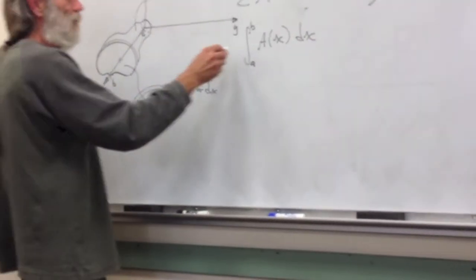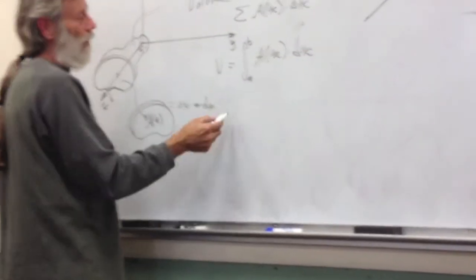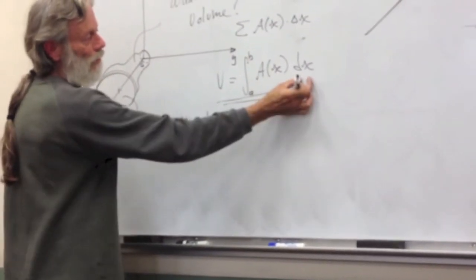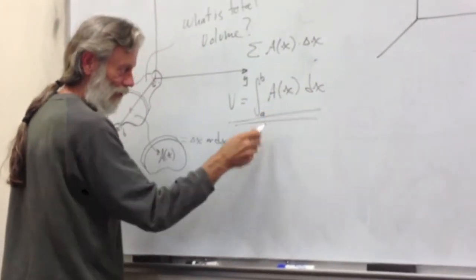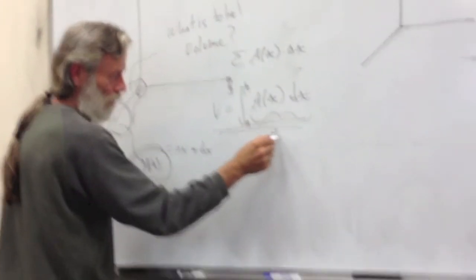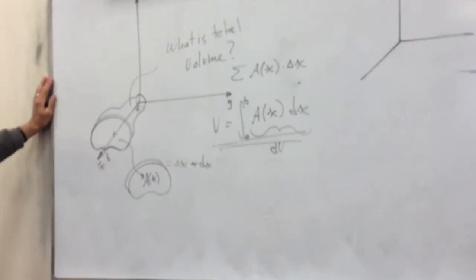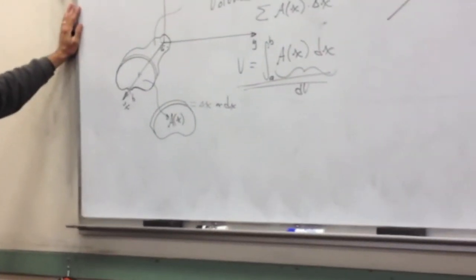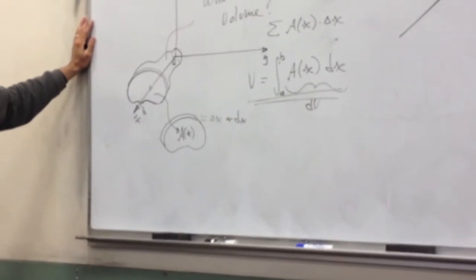So this being the volume, and this being the general notion of a cross-sectional area times a thickness gives me a little differential volume. This guy here. That's the basic notion.